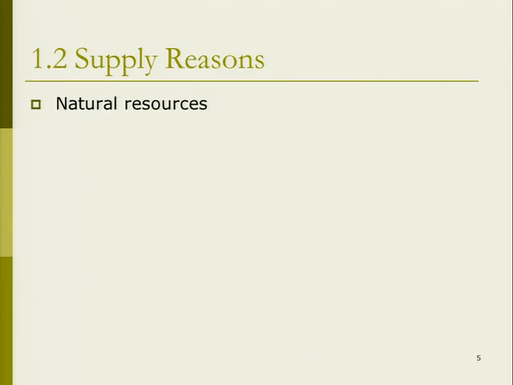Number one, the natural resources. Natural resources are not evenly spread throughout the world. There are some areas that are fortunate enough, they do have resources, like South Africa is very rich with mineral resources. Therefore, as a country, we trade those resources to foreign countries.